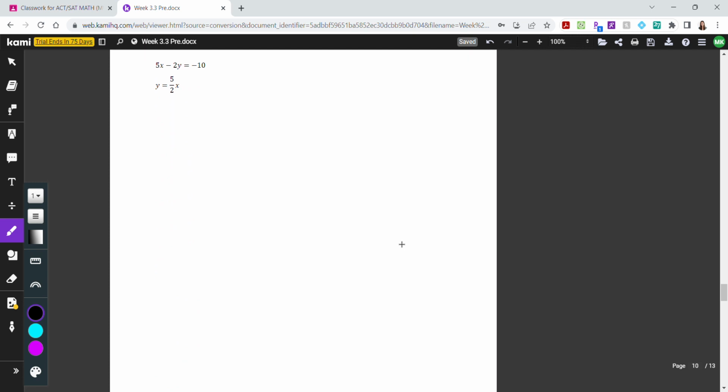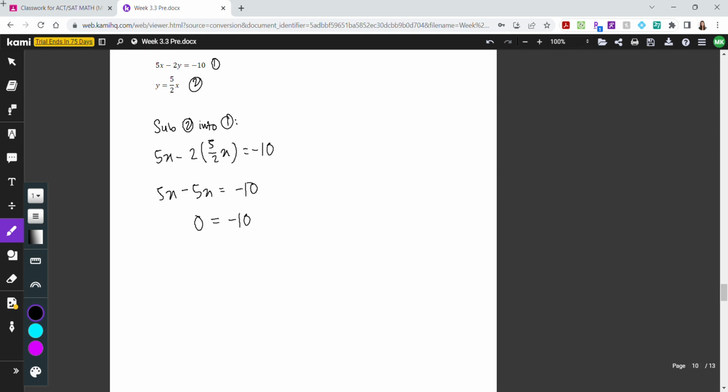Now we look at this one. We can just straight away plug in y here with 5 over 2x. So I'm going to sub 2 into 1. That's going to give us 5x minus 2 times 5 over 2x equals -10. 5x minus 5x equals -10. 0 equals -10, but 0 is 0 and -10 is -10, which means that this is not true.